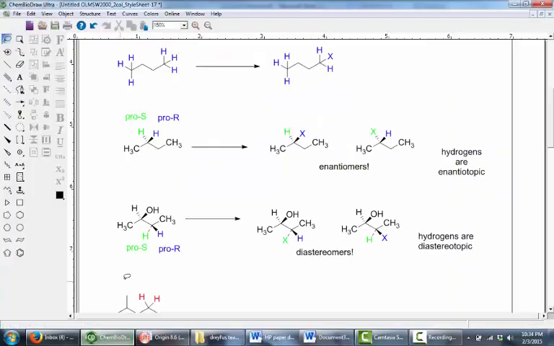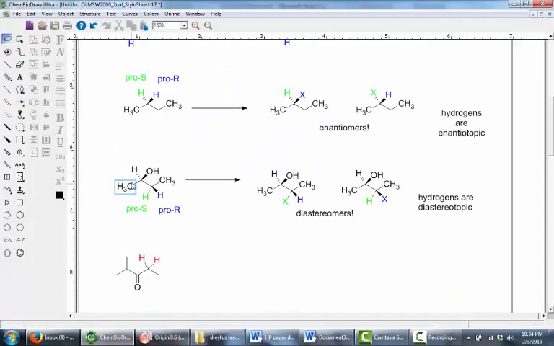If I look at this compound, here's my chiral center. I'm not focusing on the chiral center to determine my diastereotopic hydrogen atoms, but I'm looking at a molecule that has a chiral center in it, and I look at the green H and the blue H. If I replace the green H with an X, or the blue H with an X, what I get are not enantiomers, but diastereomers.